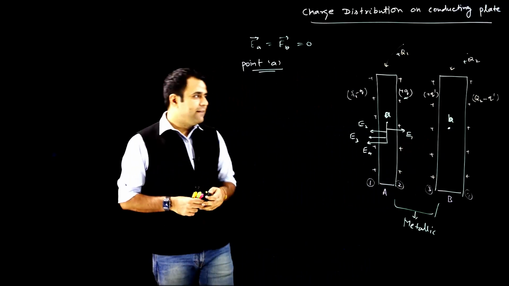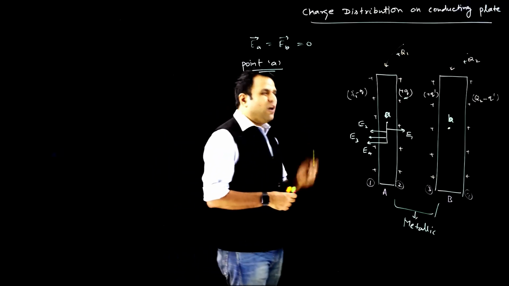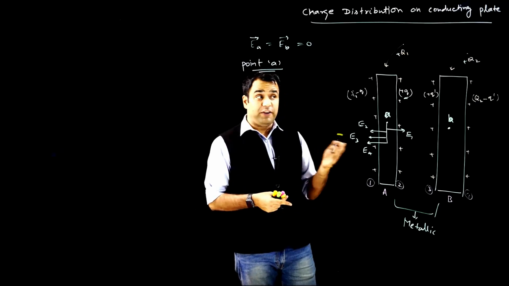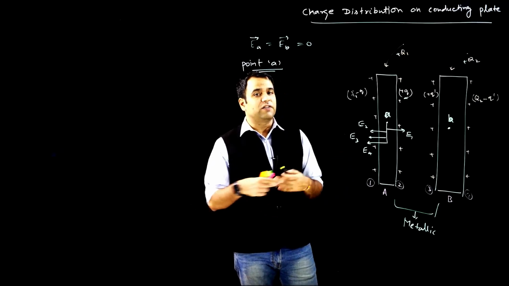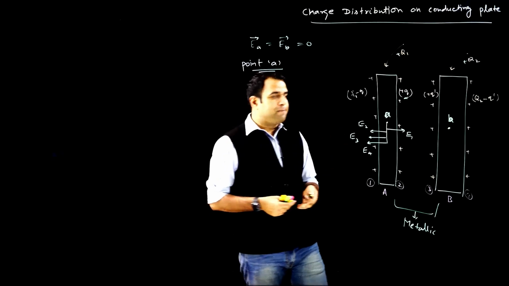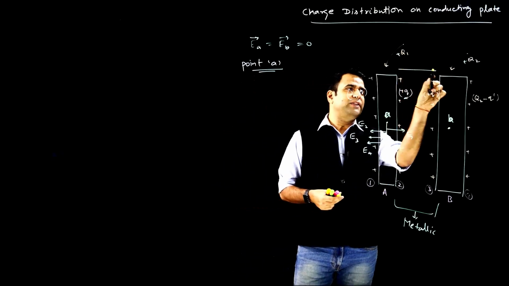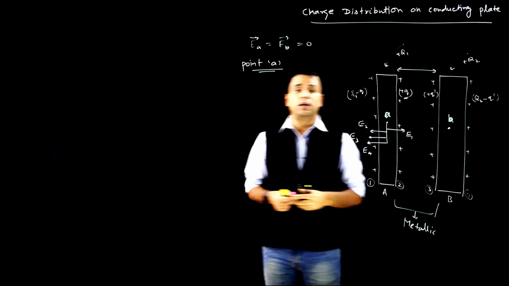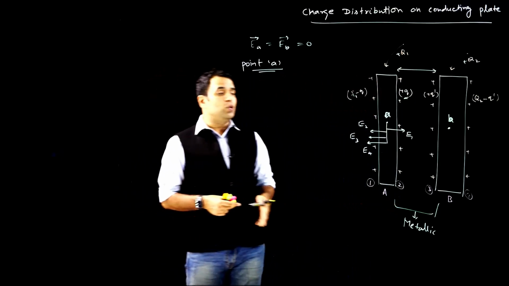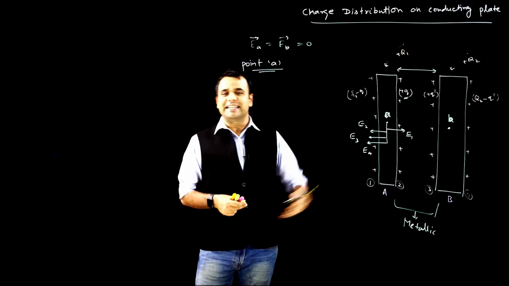So these are plates. Now we put one more condition, so that we can utilize the formula we are going to get here in the case of capacitance. The condition is that the distance between these 2 plates is very, very small compared to the cross-section area of the plate.